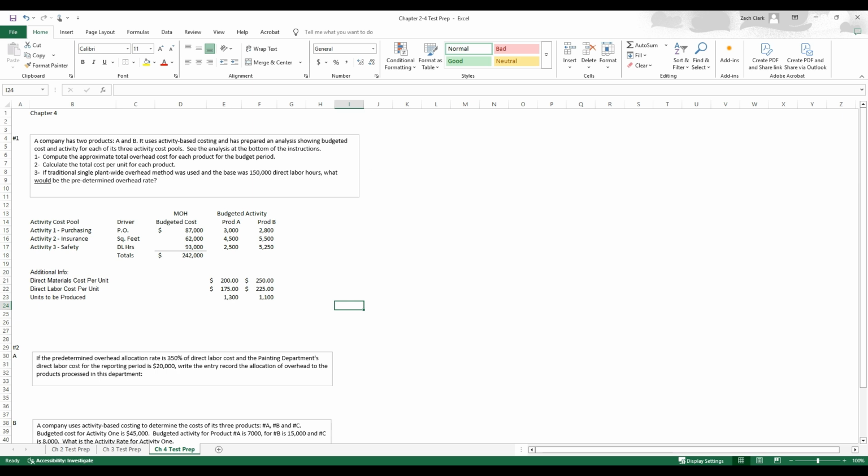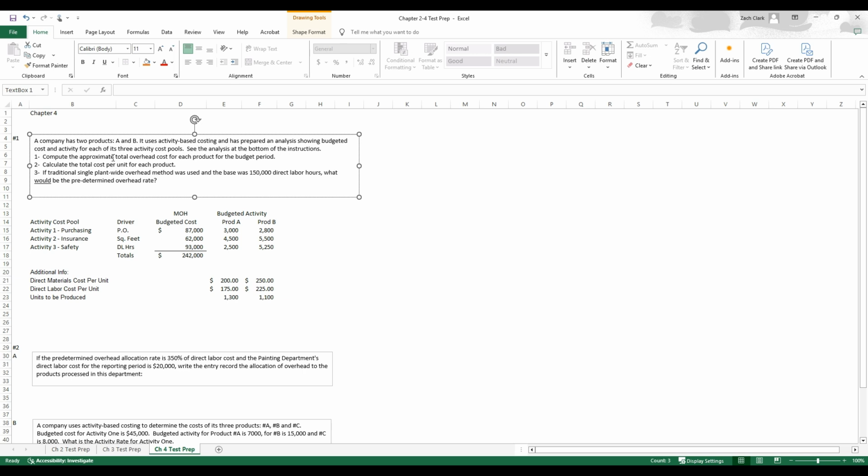Okay, so in problem number 1, it tells us that we have a company with 2 different products. So we have product A and B, and the company uses activity-based costing, and we have an analysis prepared below that shows budgeted costs and activity for each of these 3 different cost pools. So let's see here, see the analysis at the bottom of the instructions.